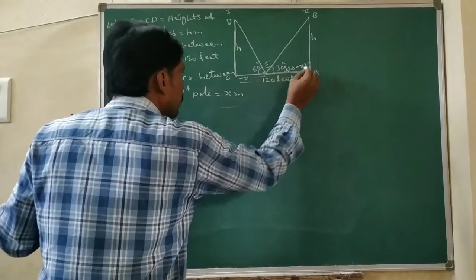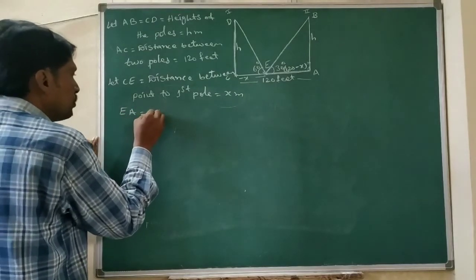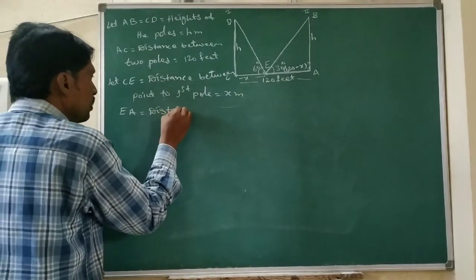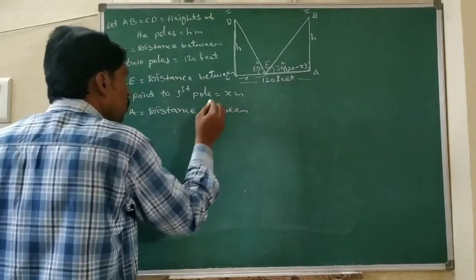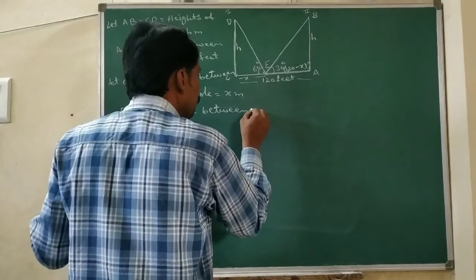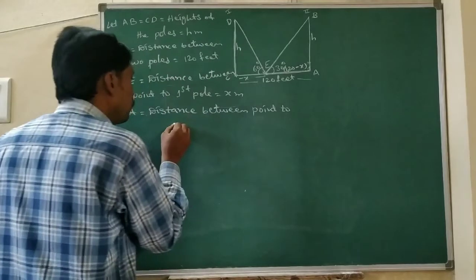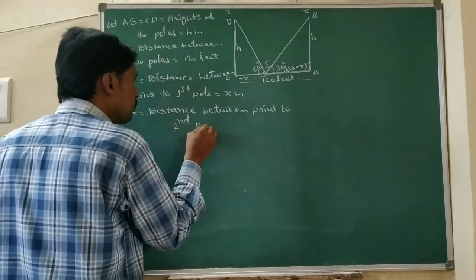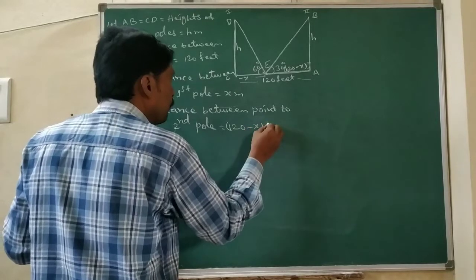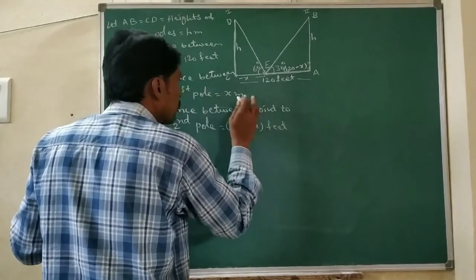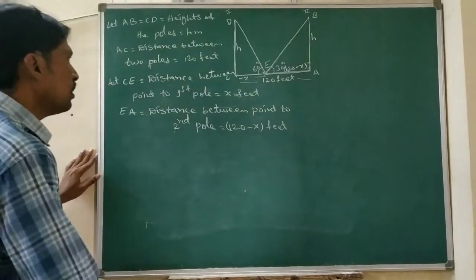Now this distance, EA, equals the distance between the point and the second pole, that equals 120 minus x feet. This is also feet only, sorry, feet.